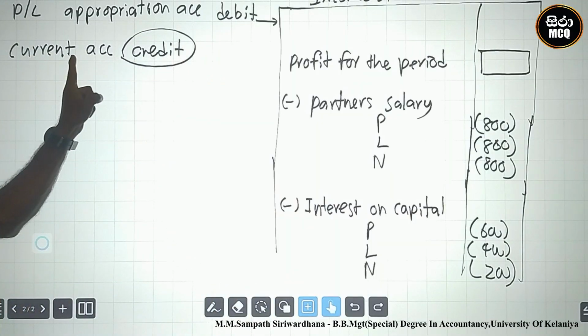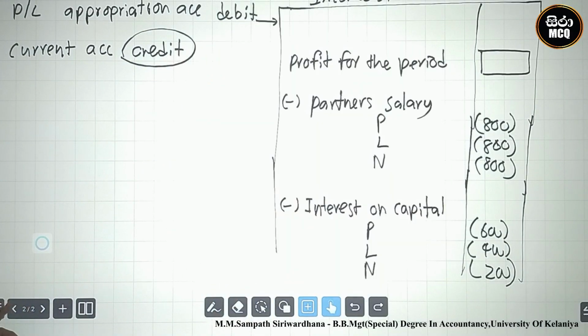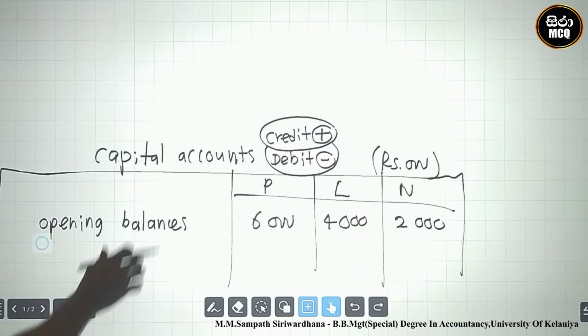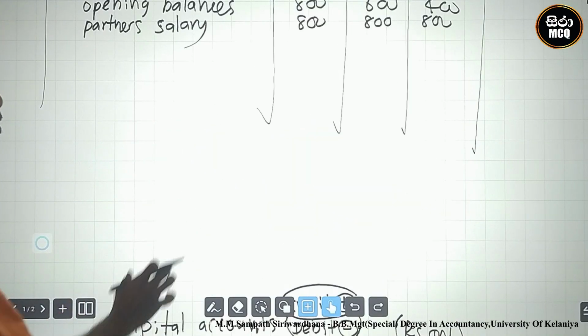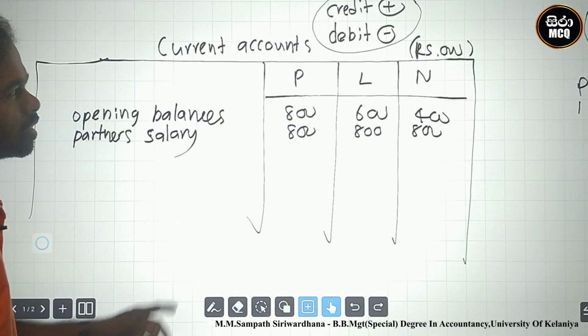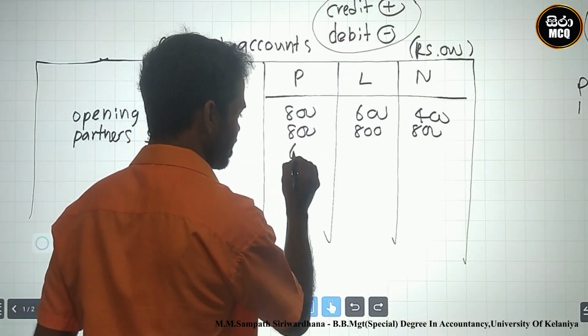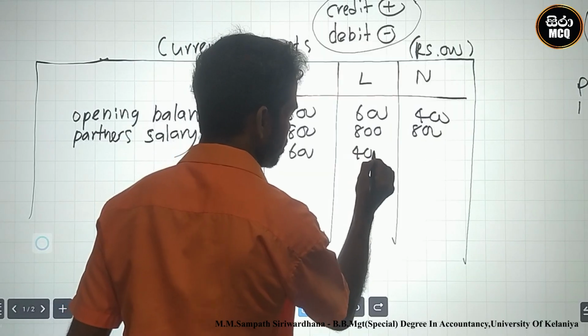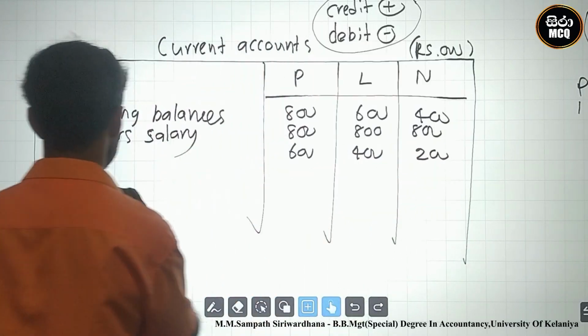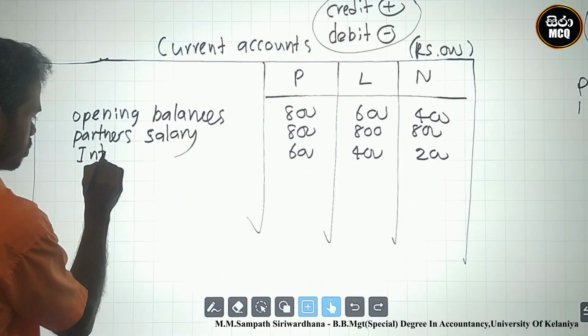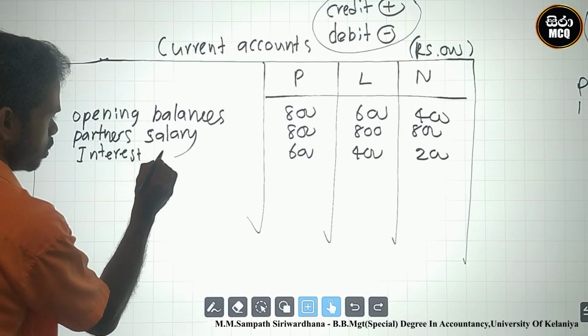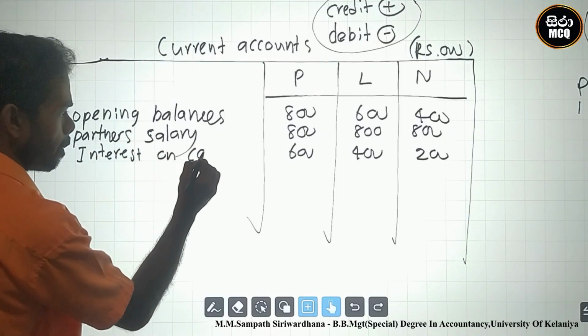After that, current account credit: 600, 400 and 200. Current account credit means we use the current accounts; credit means we must add this one. Interest on capital.